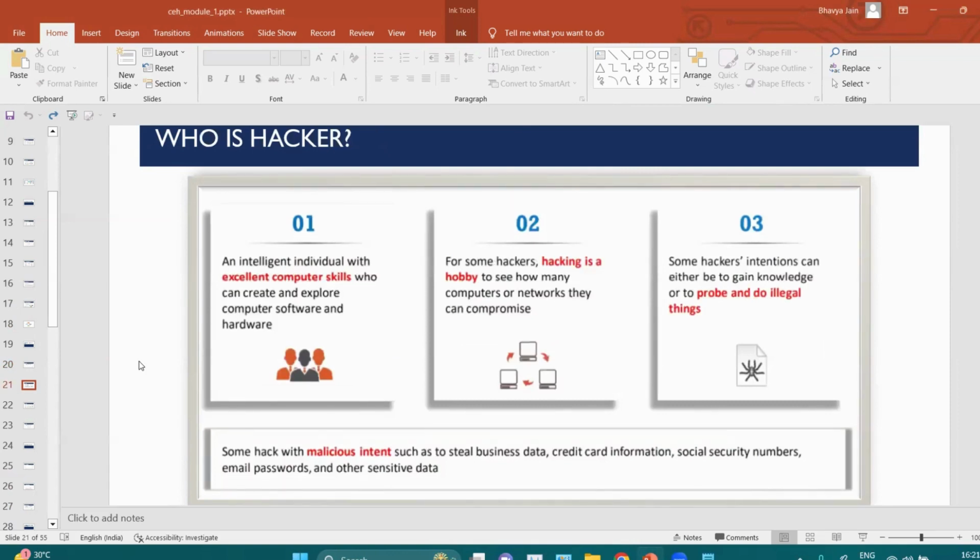Then who is a hacker? We have divided hackers into three parts. First, it can be an intelligent individual who is excellent in computer skills, networking, hardware, and software.